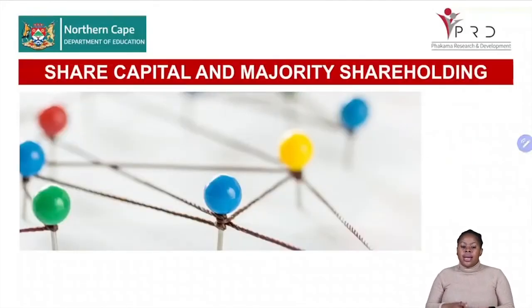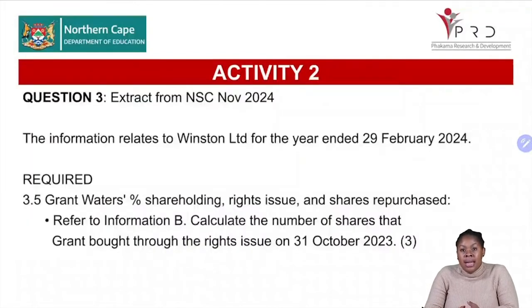Now let us get to the share capital and the majority shareholding aspect. Now, the share capital and majority shareholding aspect, we are looking at the amount of shares that have been bought or sold within a particular company, right? We are looking at how many shares an individual shareholder actually has bought within a particular company and how much they have spent with regards to those particular shares.